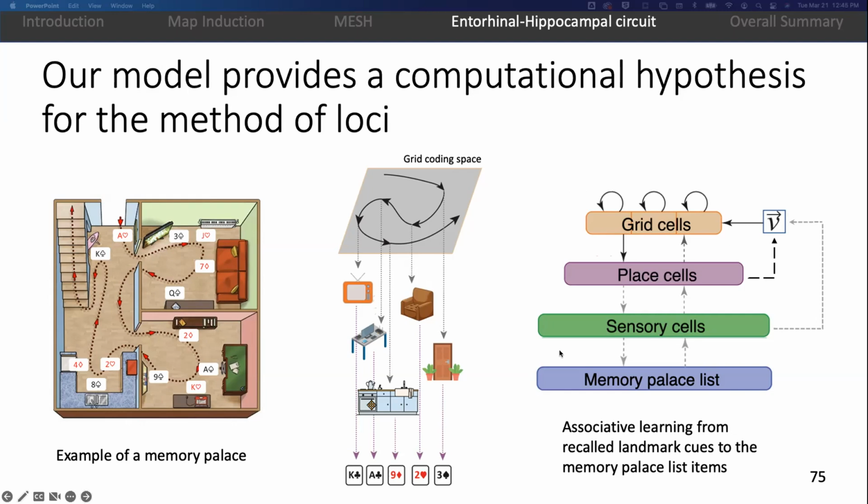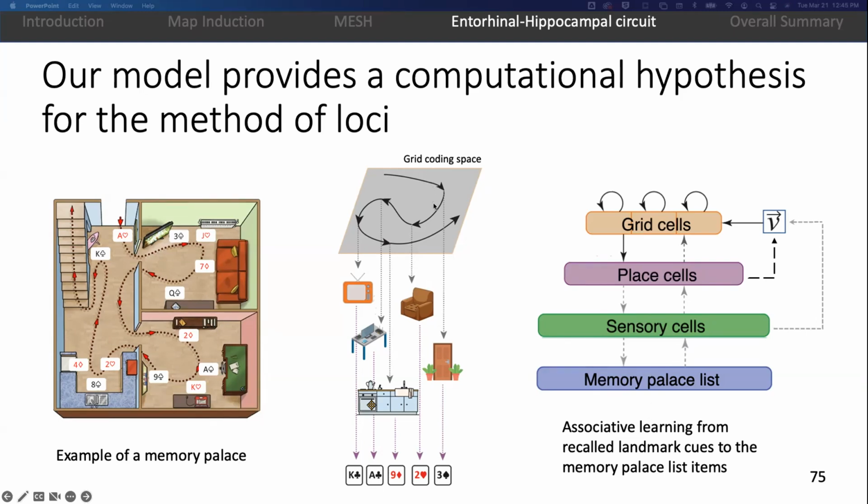The way we do it is we associate the reconstructed sensory representations with the memory palace list, right? The reason we use reconstructed ones is because while the person is imagining themselves walking through the same memory palace, they actually have a vague recollection, right? They might not have a perfect recollection, but they might have partial reconstruction of what they've seen before. And so we take that partial reconstruction and associate it with the memory palace list, which allows us to reconstruct this memory palace list perfectly.